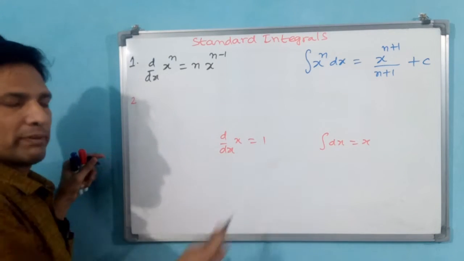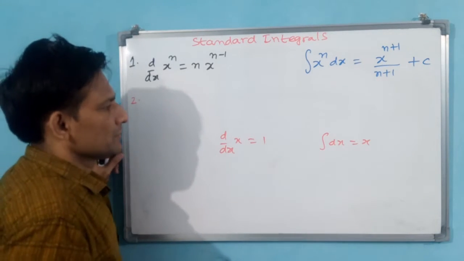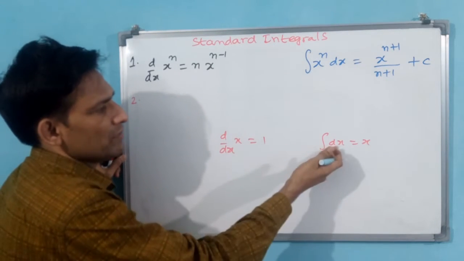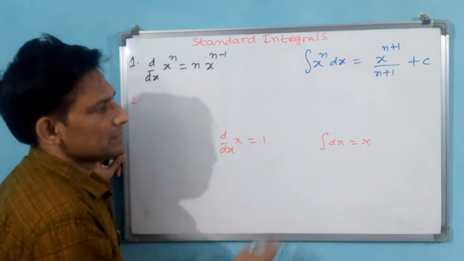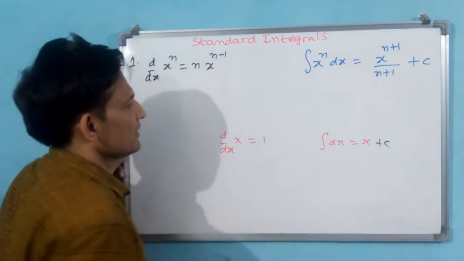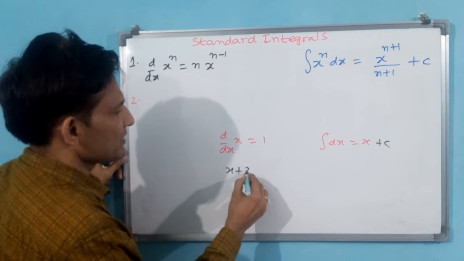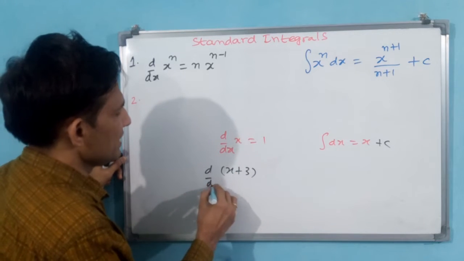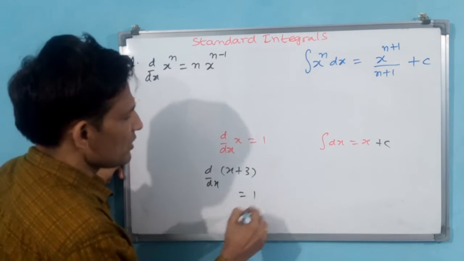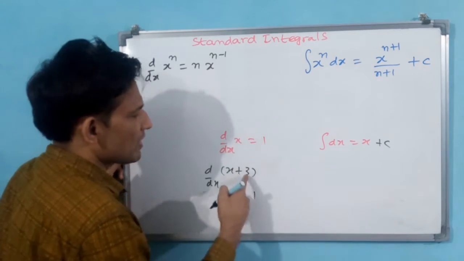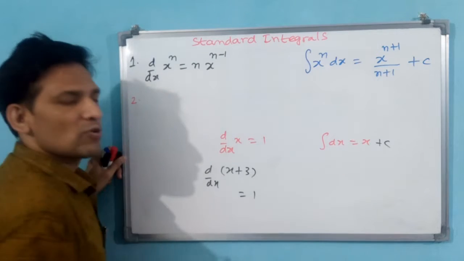You have to keep this in mind, because this is logic. dx by dx is 1, we know. And integral dx is equal to x, you write x plus c. Why? Because x plus 3 also may be there, and when you differentiate, only 1 will come. But if you integrate, only x will come. What about 3? For the sake of 3 again you have to write x plus c.